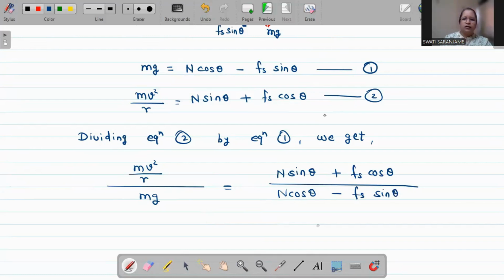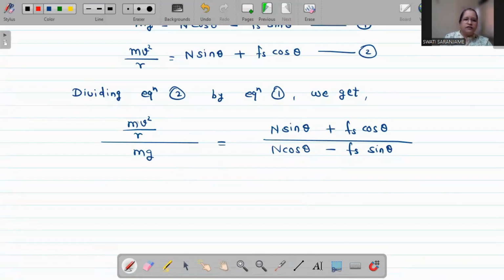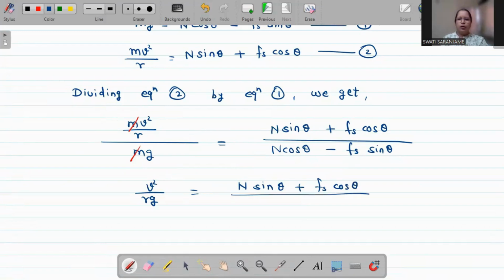Here, m will get cut and we have v square by rg equal to N sin theta plus Fs cos theta upon N cos theta minus Fs sin theta.